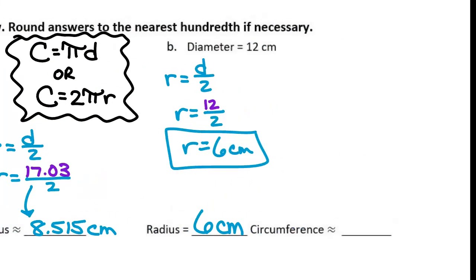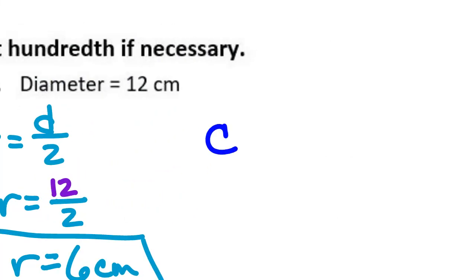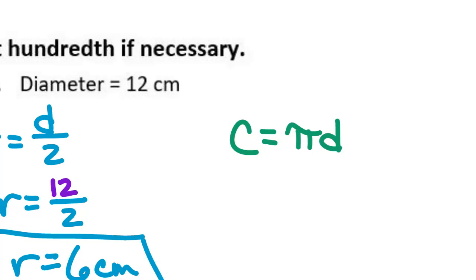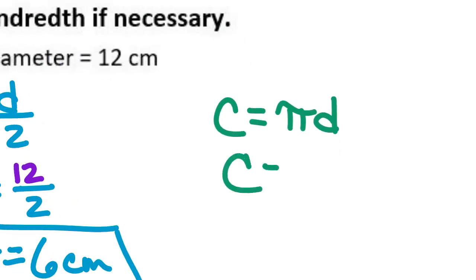And then we find our circumference. Circumference is equal to pi times the diameter, or you can do 2 pi r. Since we just found r, you could do it that way also. How big's our diameter? 12, so pi times 12.